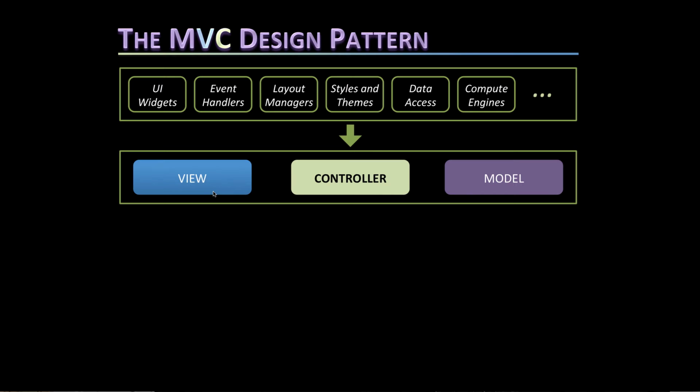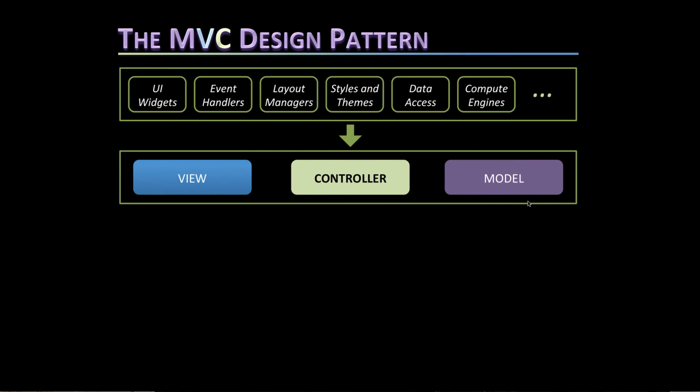So it is in charge of building the UI widgets and their layouts and styles and so on. The model, on the other hand, is responsible for implementing the computation, the engine, if you like. So things like looking up databases, performing arithmetic, consulting web services is all done in the model.